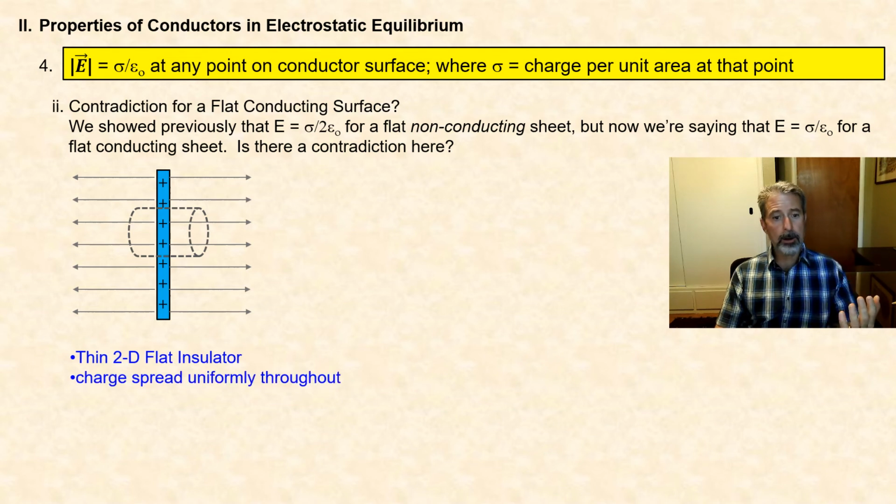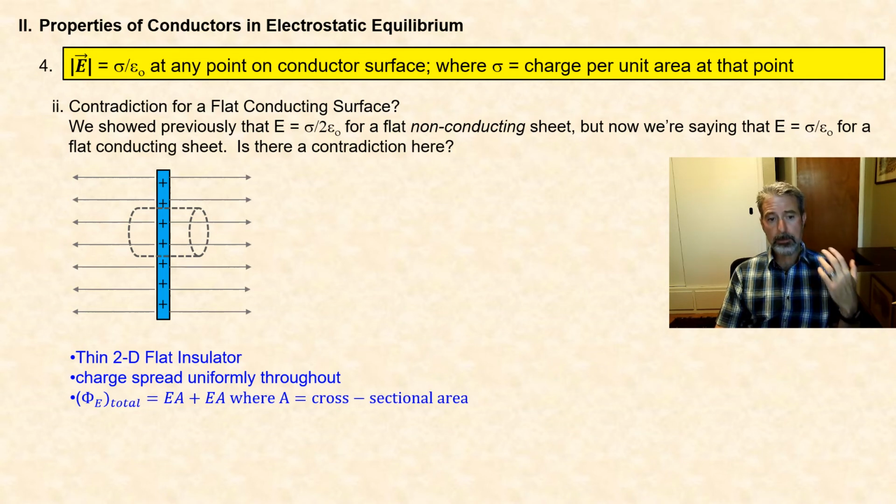And we showed then that when we calculated the total flux through that Gaussian surface, looking at the diagram here, we have flux through the right-hand end cap as well as flux through the left-hand end cap. So our total flux, EA plus EA, was really twice EA.